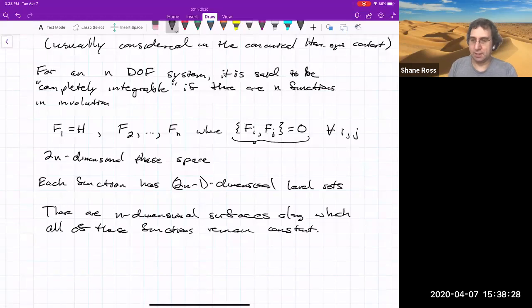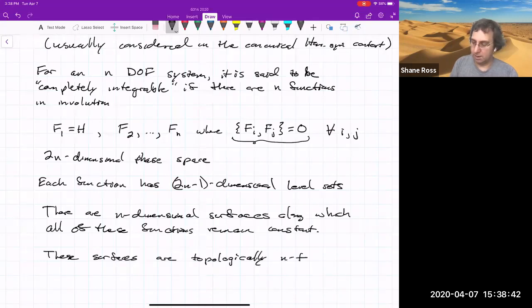And they are, in fact, topologically n tori.